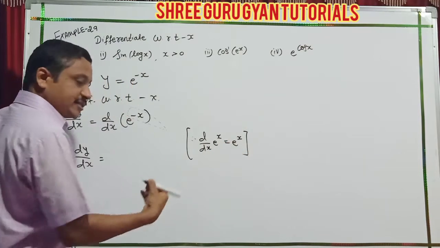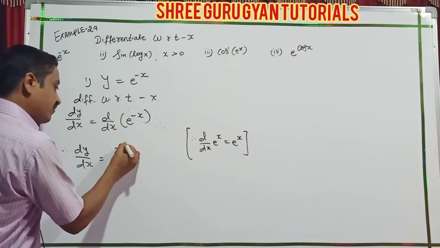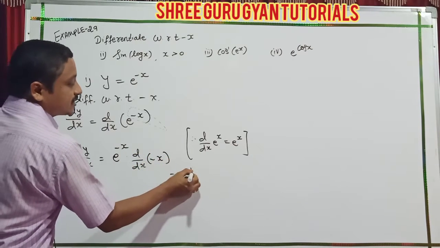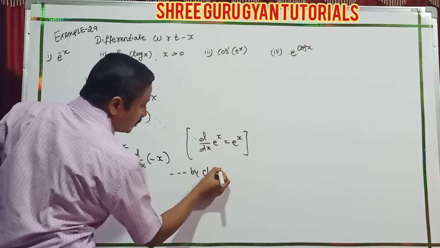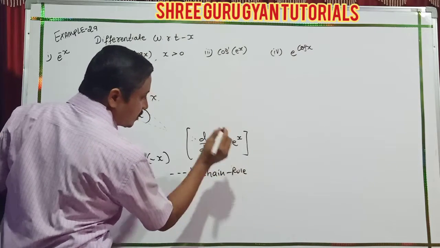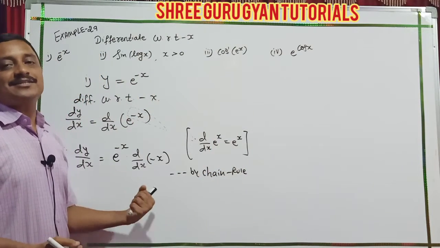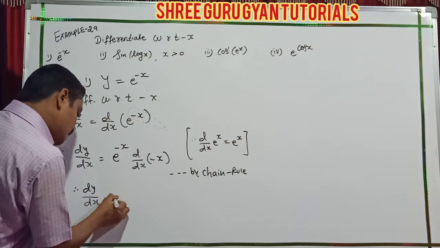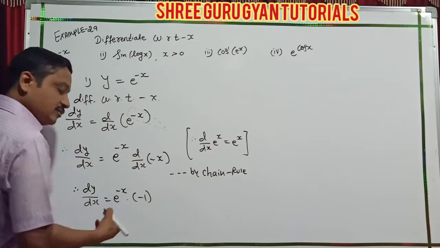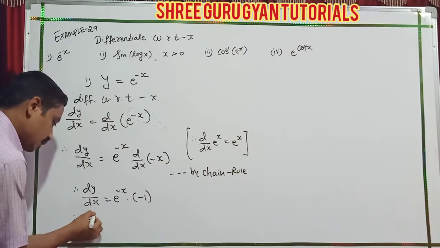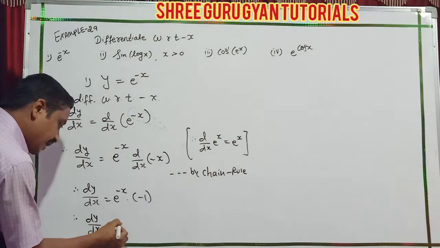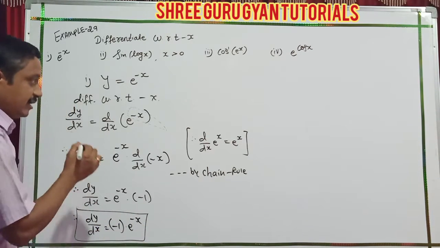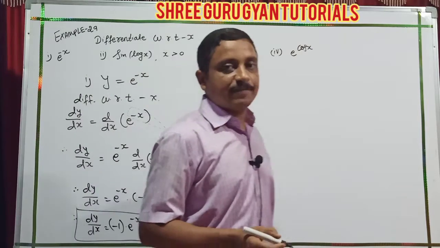Yes, it is a raised to x itself. So here e raised to minus x itself, and differentiation of minus x is pending, by our chain rule. Yes students, now the minus x derivative is minus 1. Finally done, your numerical is over. dy by dx is minus 1 times e raised to minus x, and this numerical is finished.